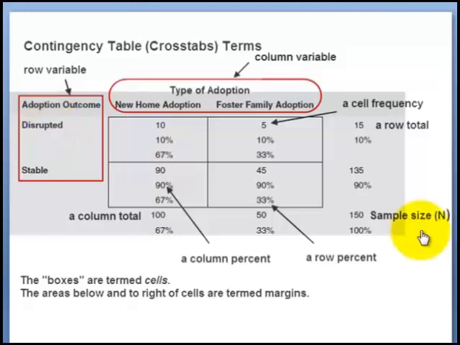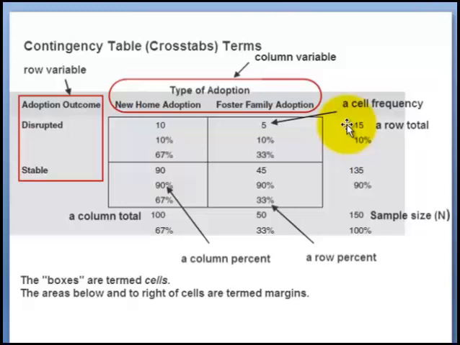Let's talk some about numbers. In a contingency table, the sample size is down in the right corner of the table. So here our sample size, symbolized by n, is 150. Now here is another frequency, and this is in essence a row total.